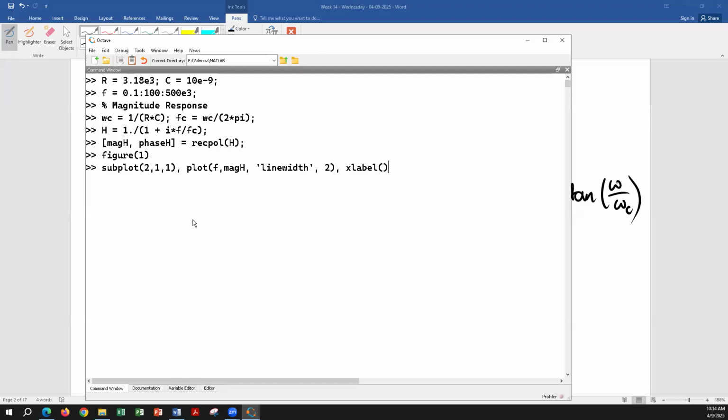X label is going to be f in hertz, and y label I'm just going to write down magnitude response of H, j, backslash omega.